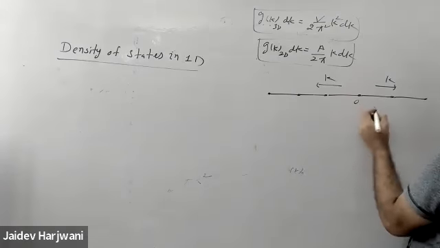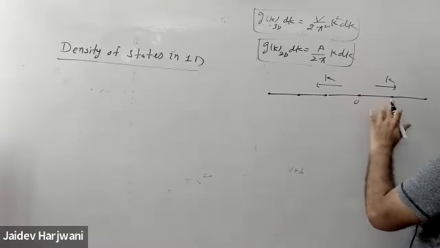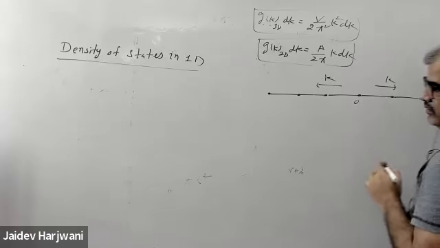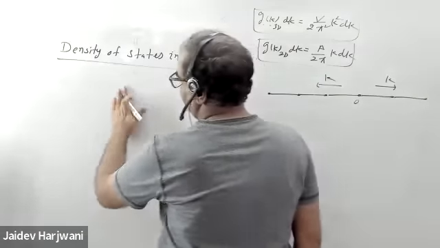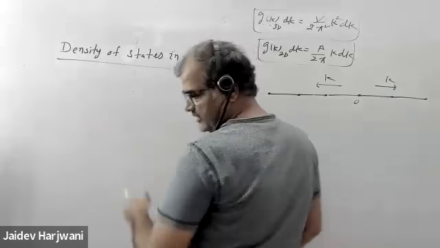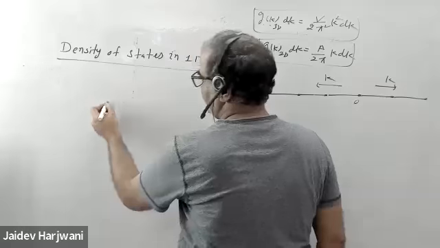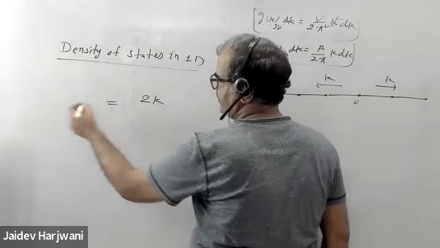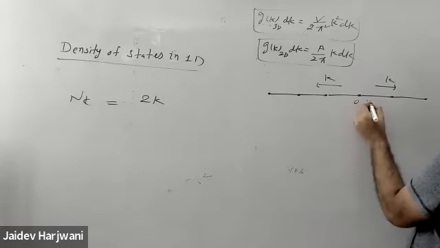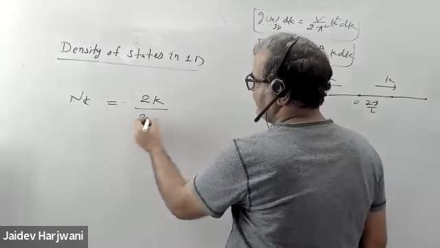These two states are the same, plus k and minus k. Now if I write the length, the total number of states: if I want the number of states k, the length will be 2k, and the gap is 2 pi by L.